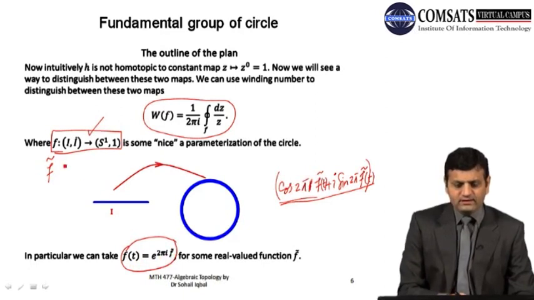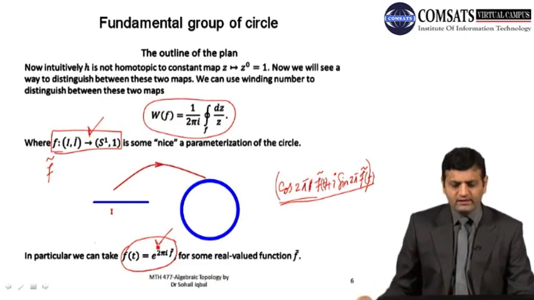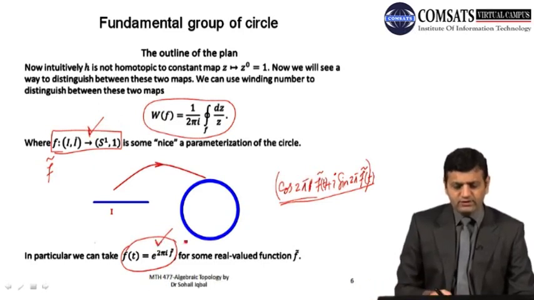But we are going to see that this is not the case, and we will see that every function f from I dot to S1 can be written in this form, and hence we can calculate the winding number using this function f tilde.